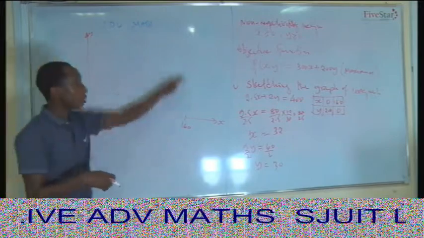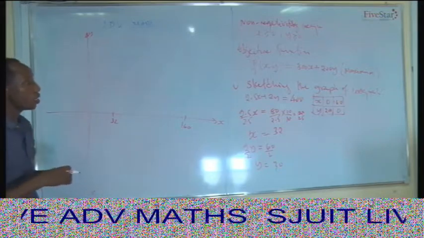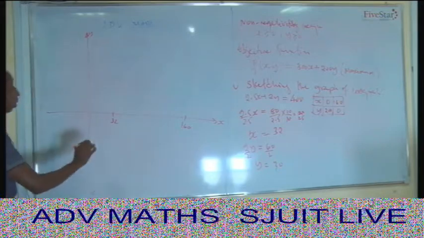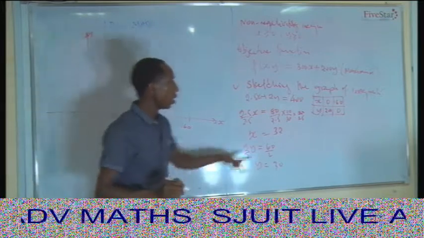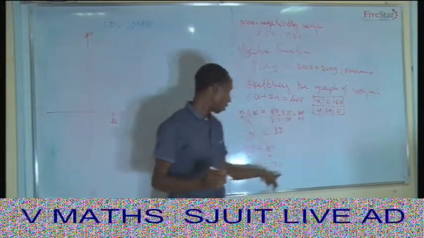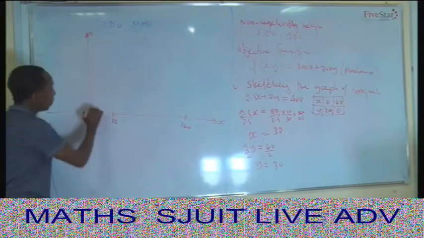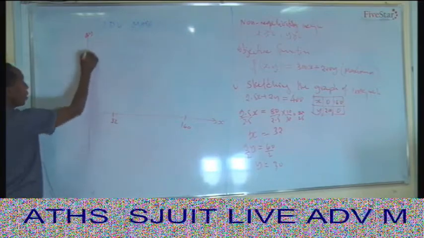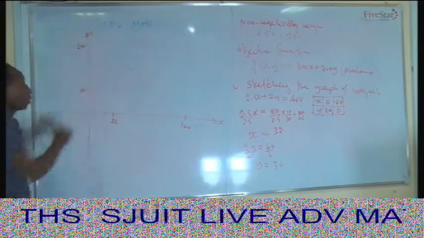I just use this kind of method because I'm just sketching, I just want to see the nature of this graph. And the values of y here, the maximum one is 200 and the other one is 30, so maybe this is 30, I just put it here, and up here somewhere 200.